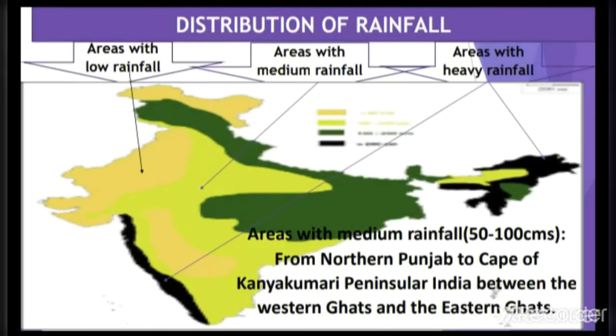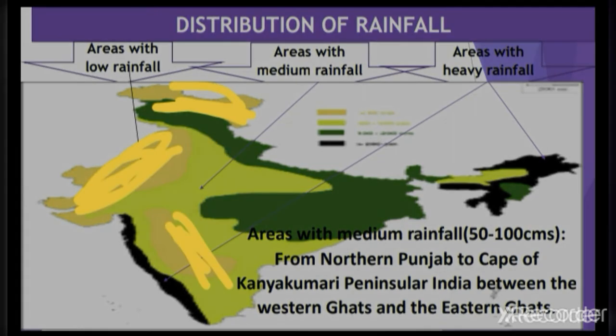Our next topic is distribution of rainfall. The area with low rainfall is light yellow in color, this one. This area is a low rainfall area, and this also.